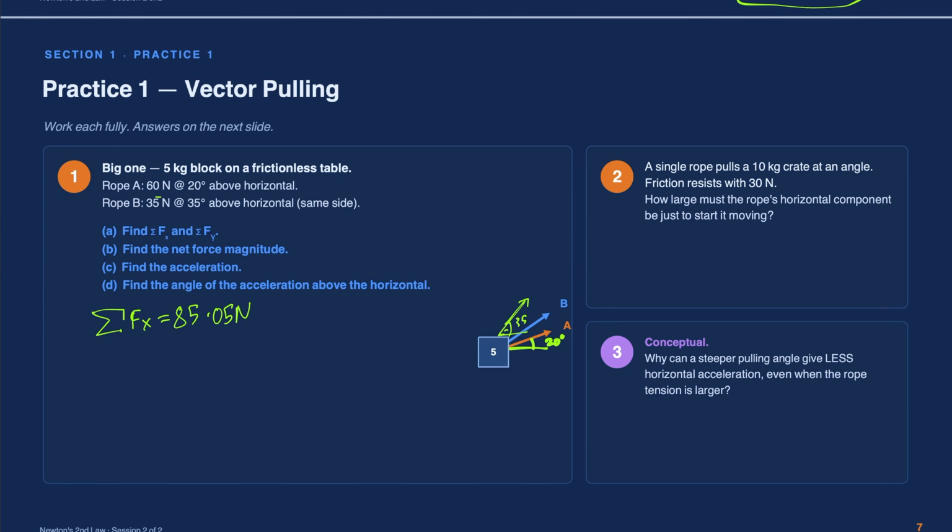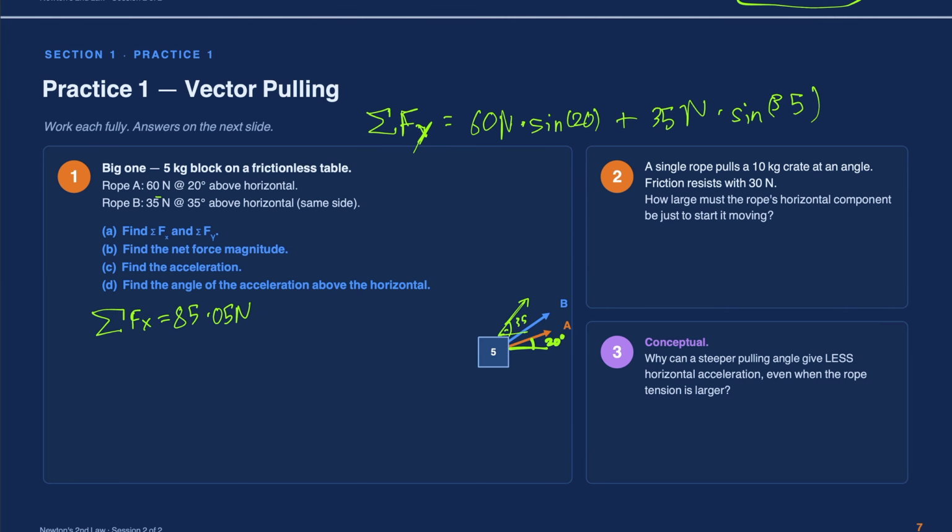Now net force Y is the same thing, but now I'm going to add the signs. And they're both upward, rightward and upward, so same signs, right? There's no opposing directions here. So 60 newtons times sine of 20, plus 35 newtons times sine of 35. Okay.